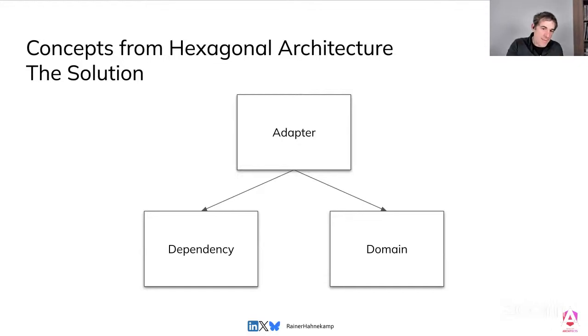In our case, it's an abstract class where you say exactly what kind of API it should provide. And then somebody else, but not you in the domain, is creating an adapter. That adapter will know what you want as a domain. It will also know what dependency is required in order to get this running, and it will provide you with the particular service that you want.